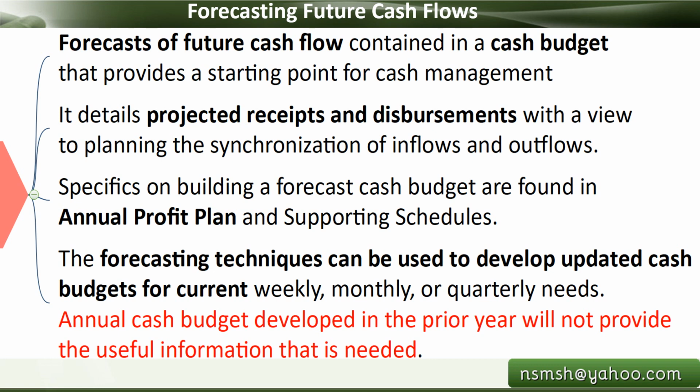The forecasting techniques can be used to develop an updated cash budget for current, weekly, monthly, or quarterly needs. An annual cash budget developed in the prior year will not provide the useful information that is needed, because the past year is one thing, but for the current year we are mainly concerned with future cash flows. So that is important; past history alone will not help.